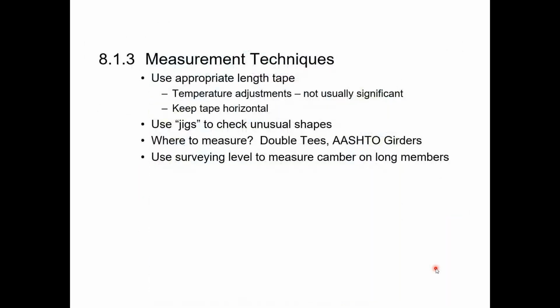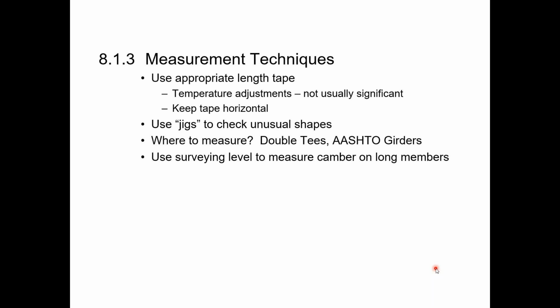Okay, so another major thing to think about and to consider is to make sure your technicians and those people in production are trained properly, not only on using the correct measuring equipment, but on the proper use of that equipment. You always want to use the appropriate length tape measure.